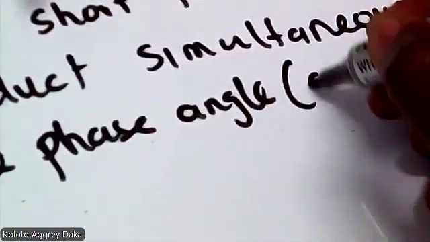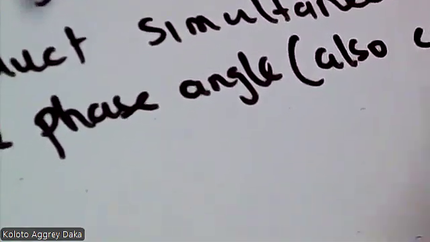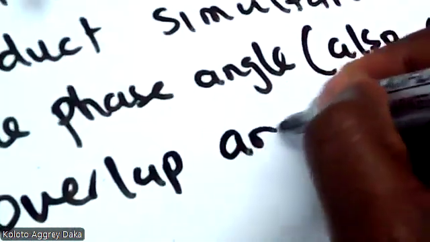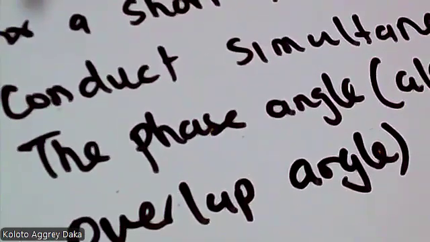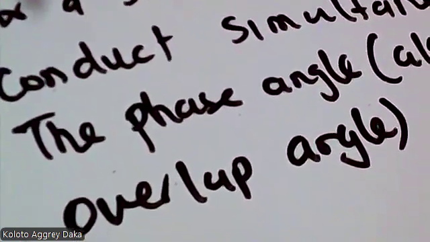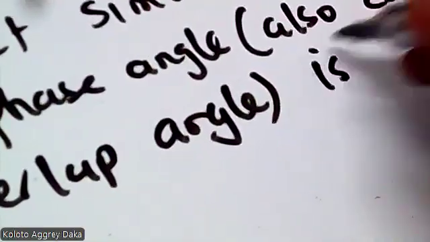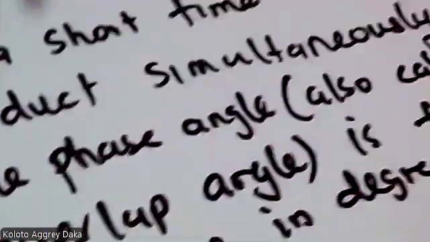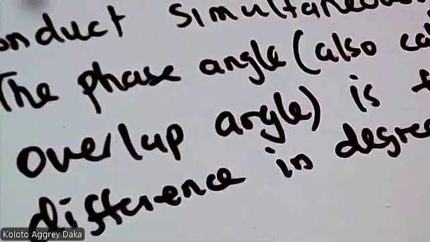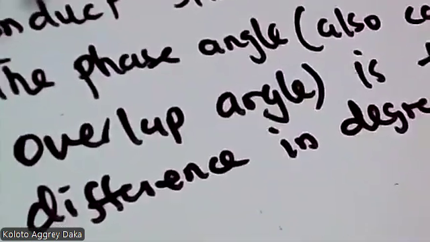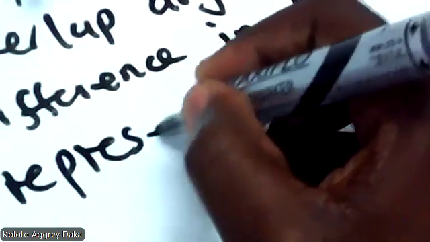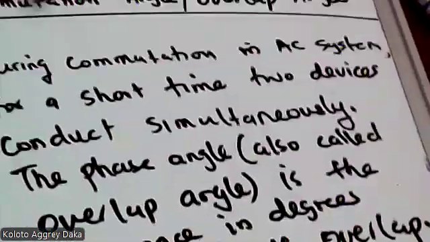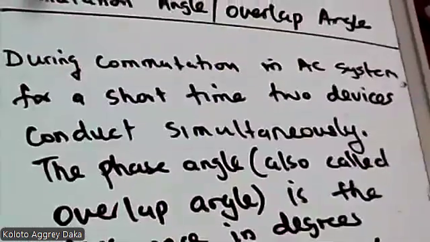The phase angle, also called the overlap angle, is the difference in degrees representing the overlap during commutation.